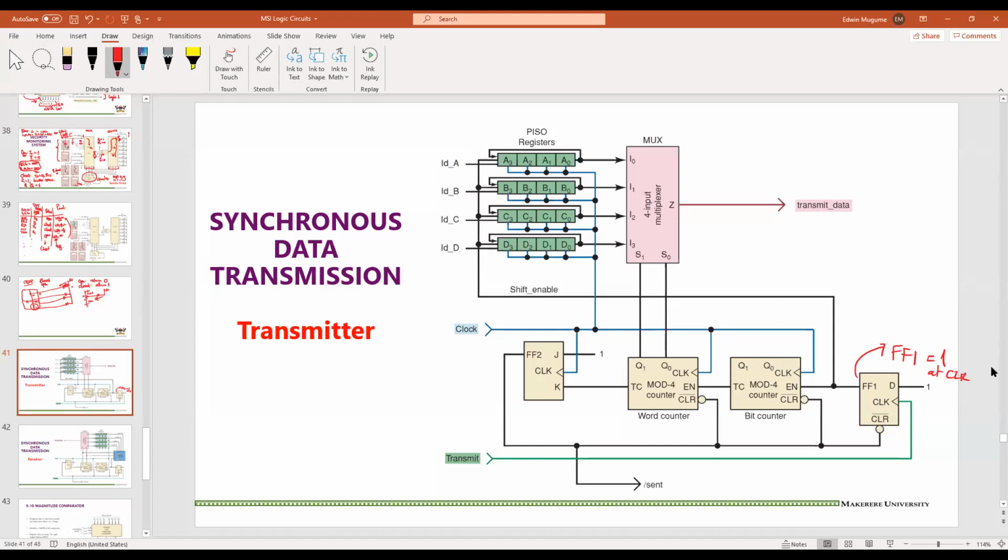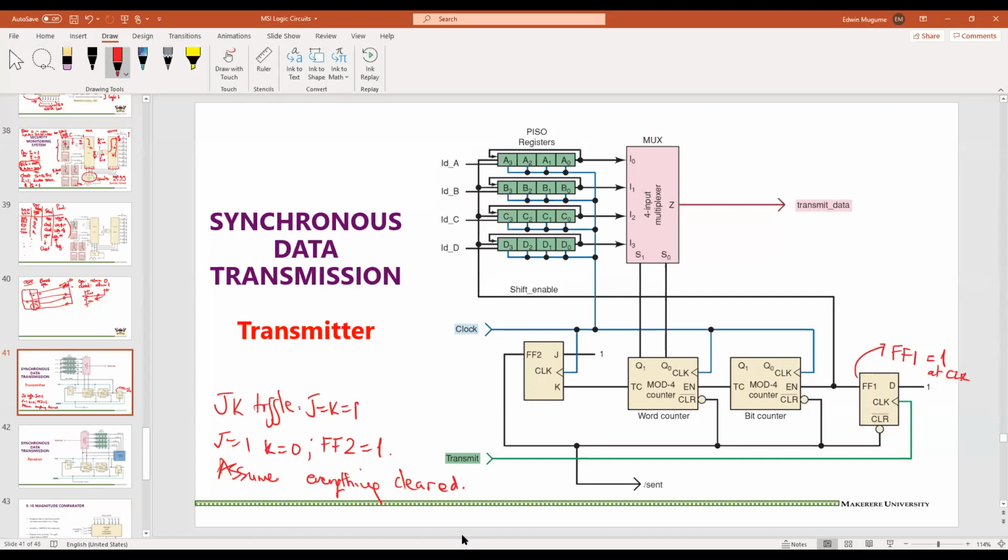This is JK. We know that the JK will toggle when J is equal to K is equal to 1. But when J is 1 and K is 0, it is set. So flip-flop 2 will be 1. Now let us assume everything is cleared initially.